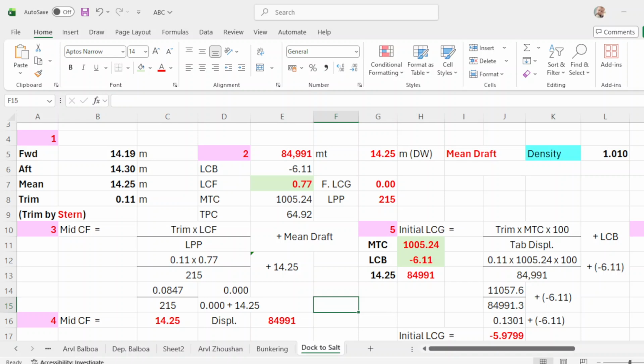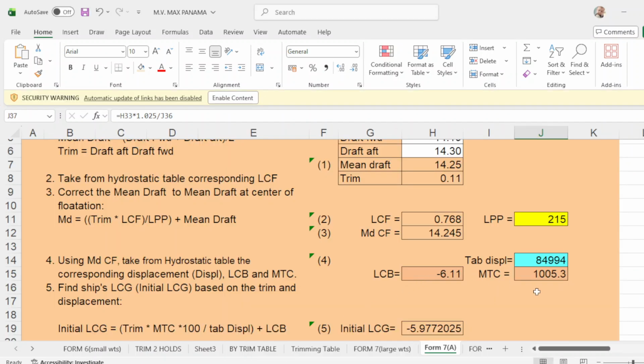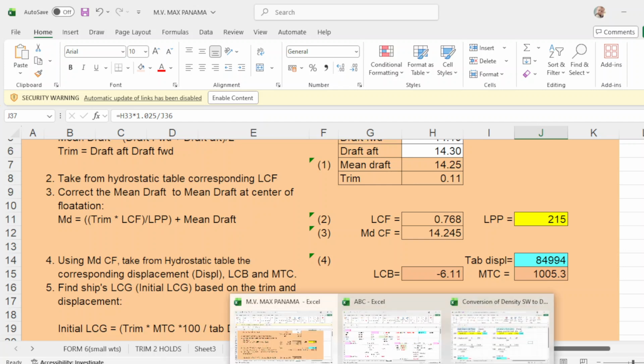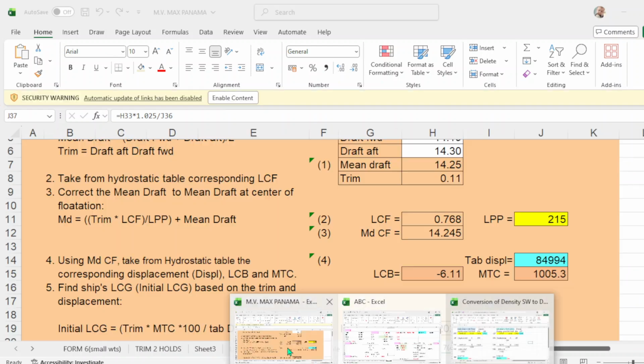And your MTC is 005.3. Manual interpolation is 005.24. Okay, small difference. Then this is number 5.